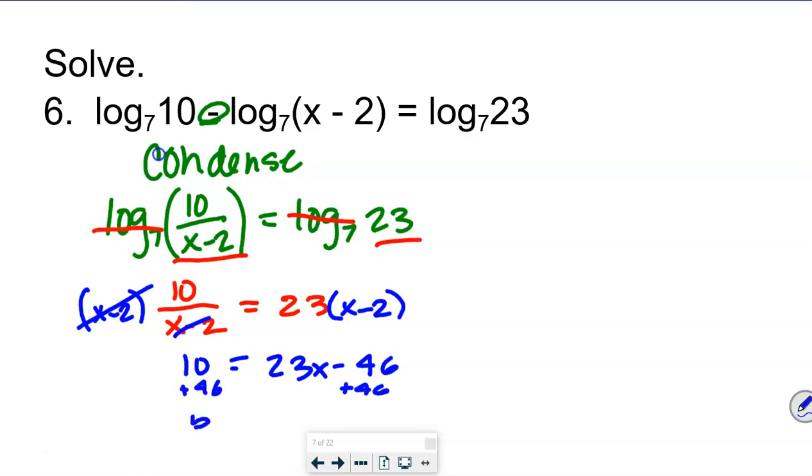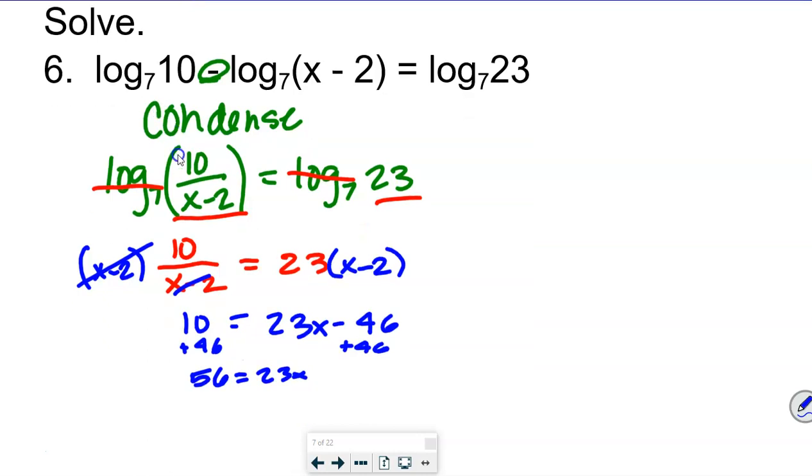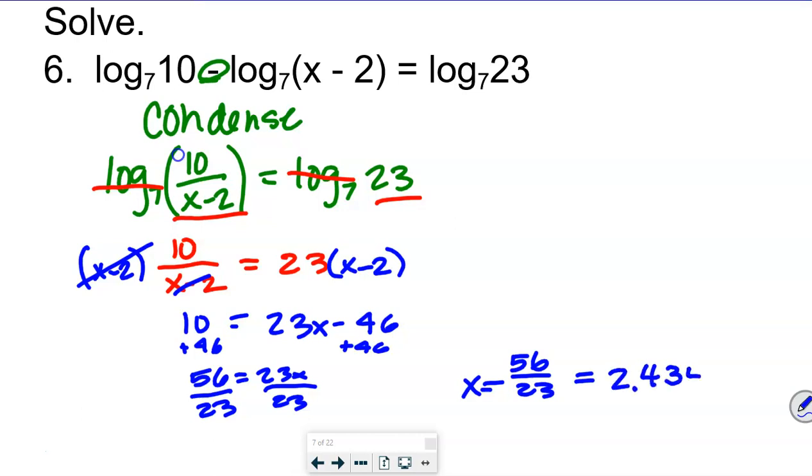So we're going to end up with 56 is equal to 23x. Then we're going to divide both sides by 23. So my answer can be x equals 56 over 23 if it's asking me for an exact answer. Or if not, it's also equal to, if I round it, 2.435. Okay?